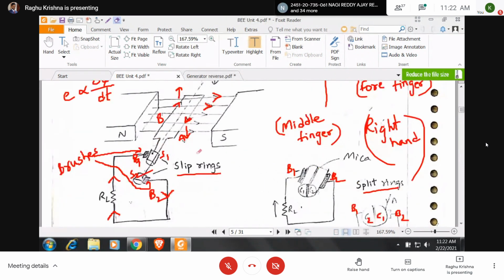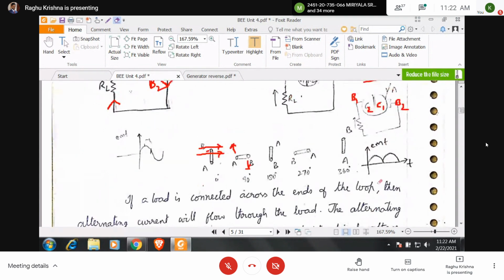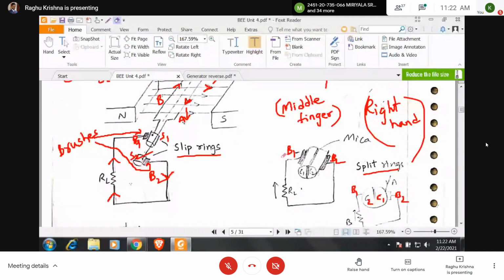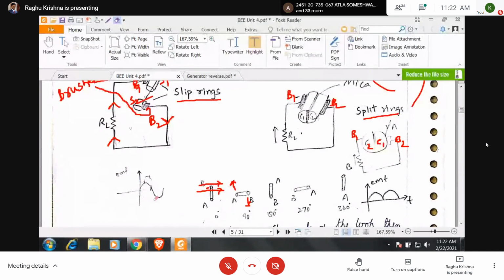After 180 degrees, you can see the positions of A and B get interchanged, and the direction of the current also reverses. So you are going to get the induced EMF as sinusoidal.